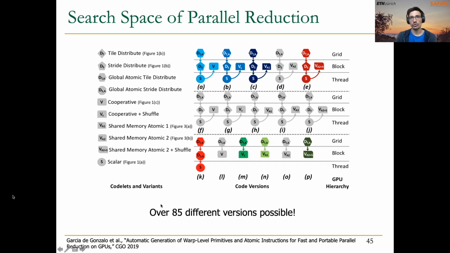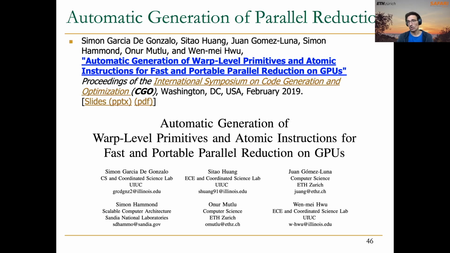We evaluated up to 85 different versions, and for different architectures, we found the most efficient implementations with different ways of performing the reduction at different levels of the software hierarchy: the grid, the block, the thread, and so on. If you want to learn more about the parallel reduction and all these different combinations, I would recommend this paper that we published in CGO 2019, where we generate code for efficient parallel reduction using shuffle instructions and atomic operations.